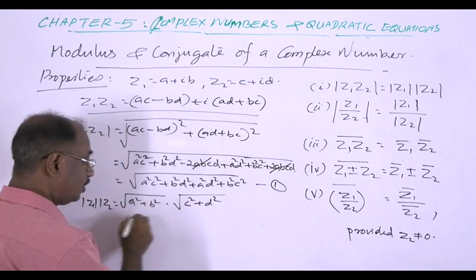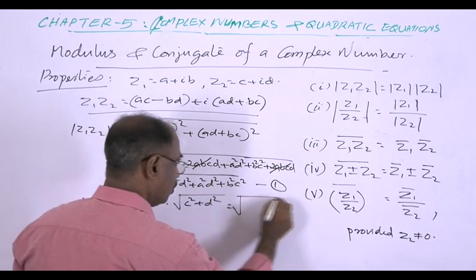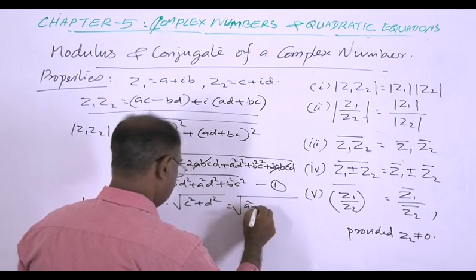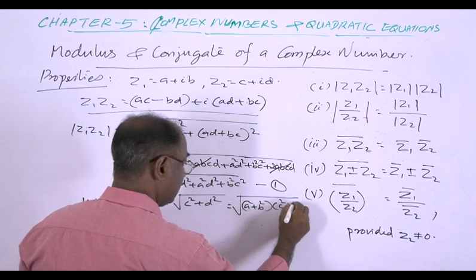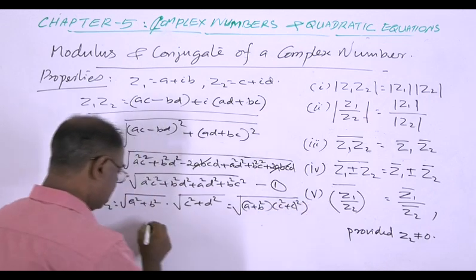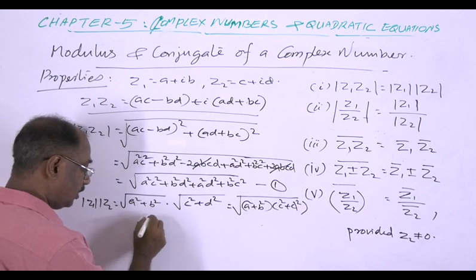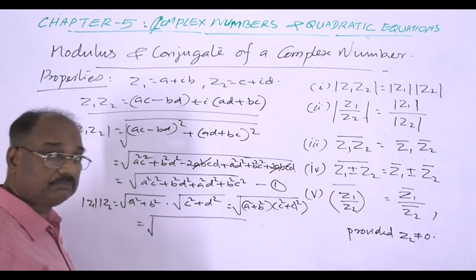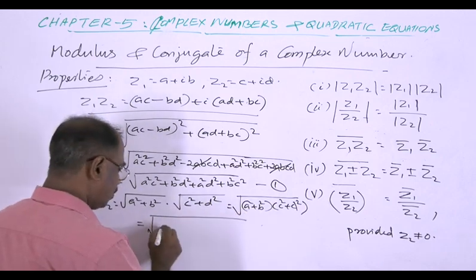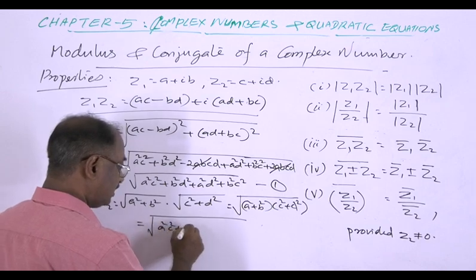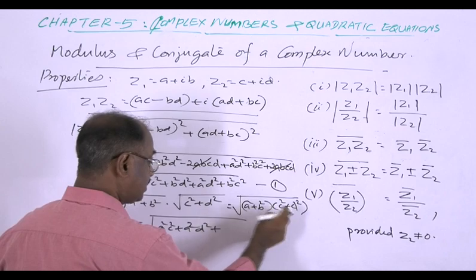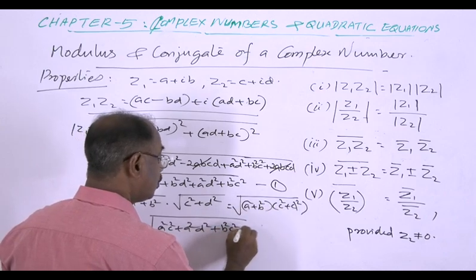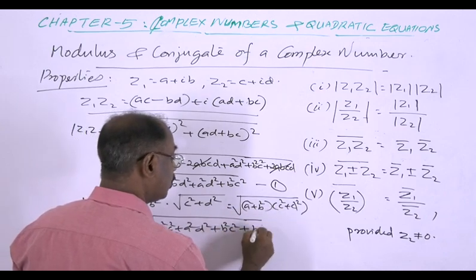This is again equal to the square root of A squared plus B squared into C squared plus D squared, and expanding, this is A squared C squared plus A squared D squared plus B squared C squared plus B squared D squared.